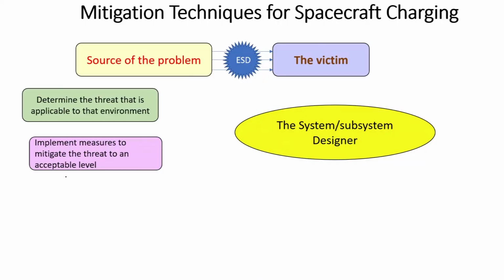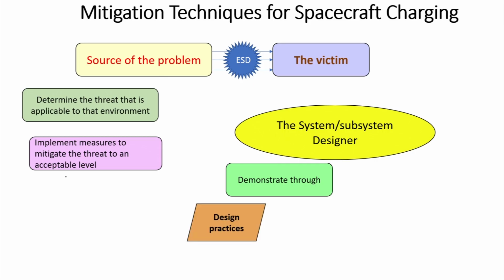In order to do that, the system or subsystem designer or the mission designer demonstrates it, first through design practices. There are design guidelines and some well defined design practices which need to be followed.